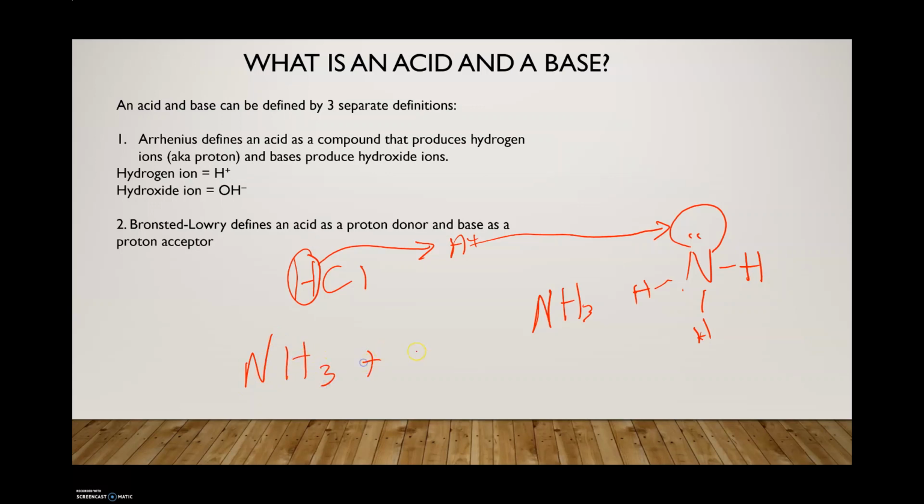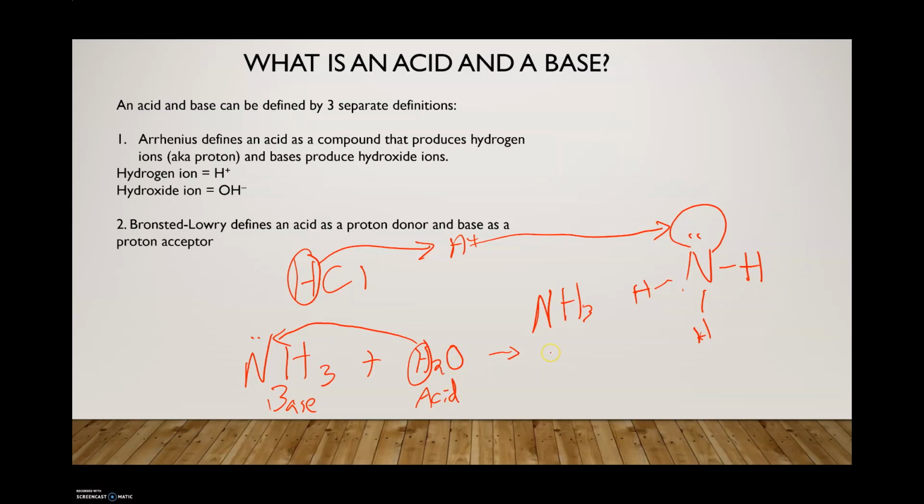We're going to talk about water in just a little bit, but water itself can act as both an acid and a base. So when you put NH3 into water, the hydrogen from water is going to be donated to NH3 because NH3 is a basic compound. So NH3 is a base. What that tells you is that water then is considered to be an acid.